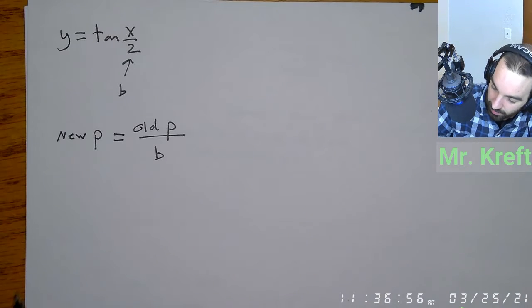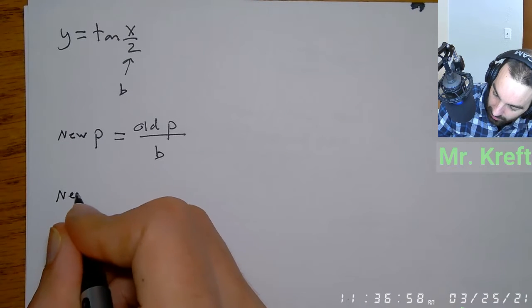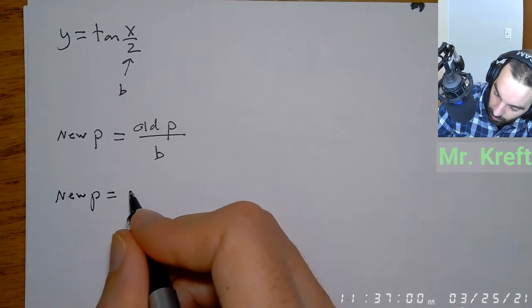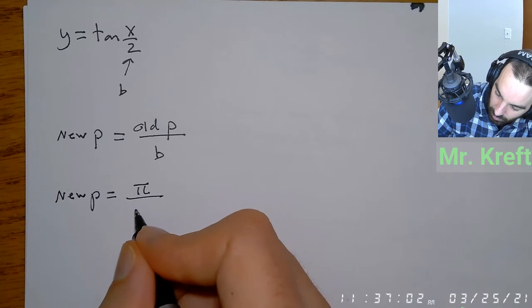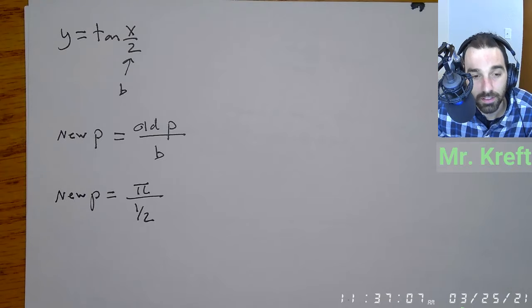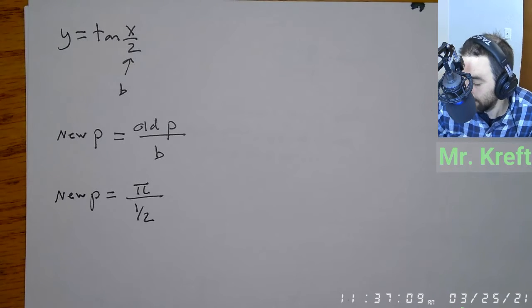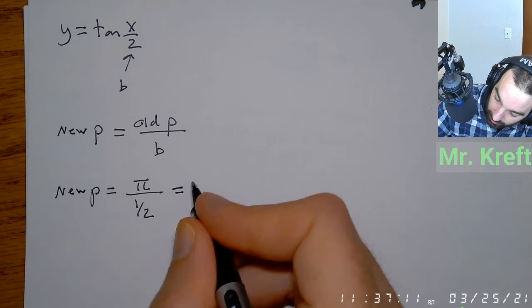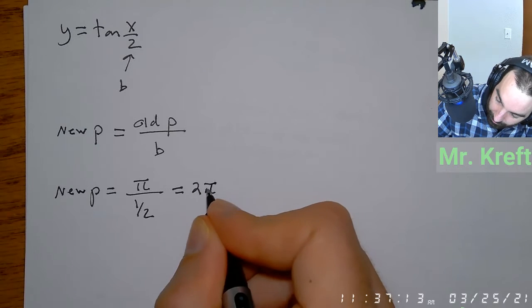There's my formula. So my new period equals my old period, which is pi, over 1/2. Now remember, dividing by a half is the same as multiplying by 2. So my new period is going to be 2 pi.